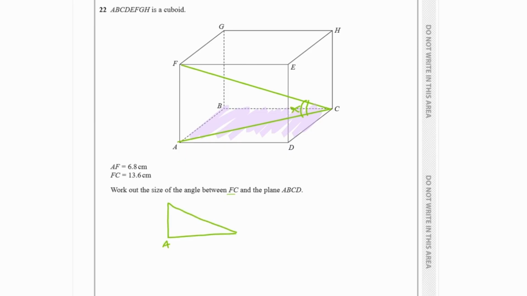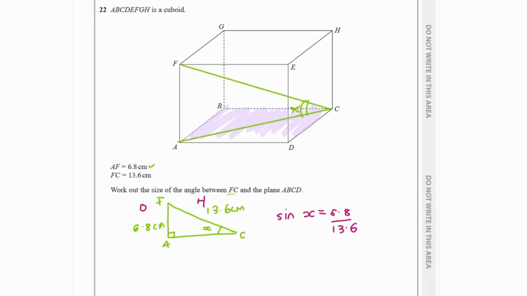So we can first sketch out FAC as a right-angled triangle. And we know that AF is 6.8 centimeters and FC is 13.6 centimeters. And we can label the angle we're looking for X. If we label our sides, we can see that the 6.8 is the opposite and FC is the hypotenuse, which means we would be using the function of sine x, which is equal to opposite, which is 6.8, over the hypotenuse, which is 13.6.